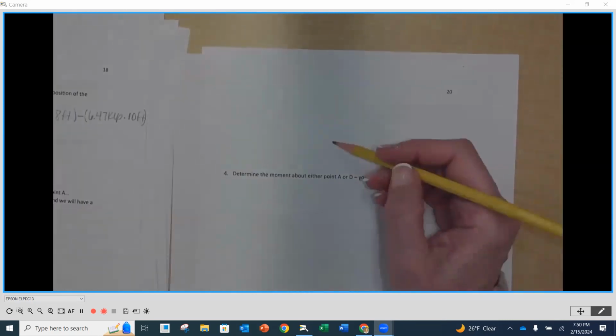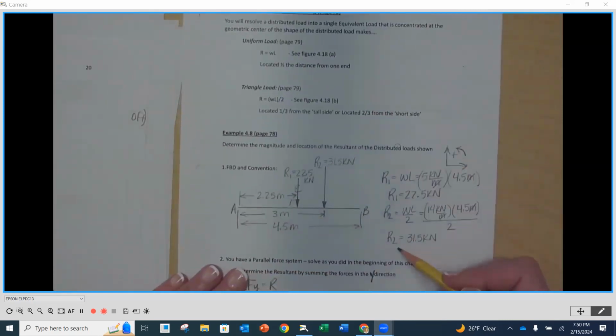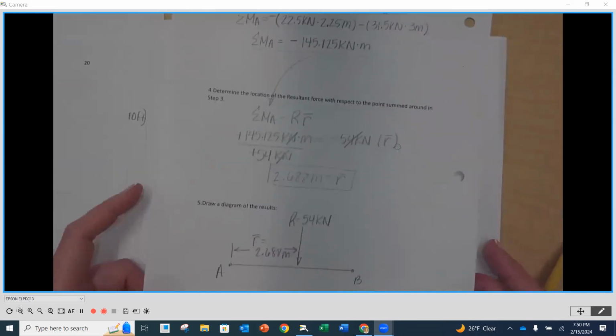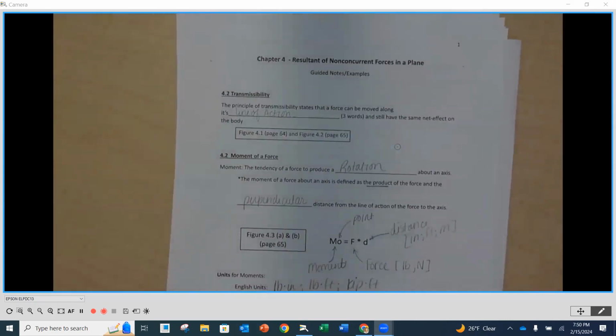And then nothing on page 20. And then page 21 was the distributed loading that we just looked at, finishing up with example 4.8. And then page 22 filled out. Okay, so the two examples that we skipped were problems 4.9 and 4.15.